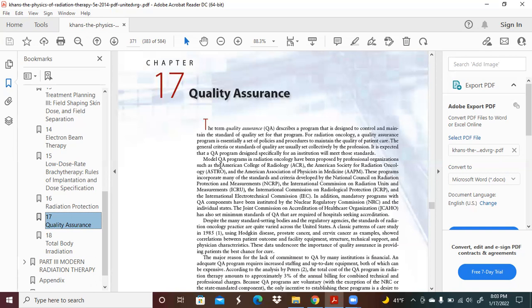And so how does one go about making sure that the machines are doing what they're supposed to be doing, that the doses computed by the calculation box are indeed accurate? This is where we have to see what the steps are in order to make the claim that yes, the machine is doing exactly what we need it to do.